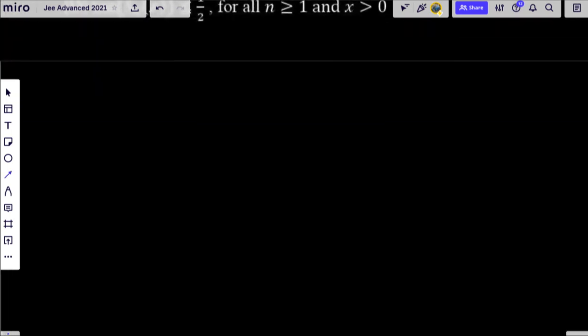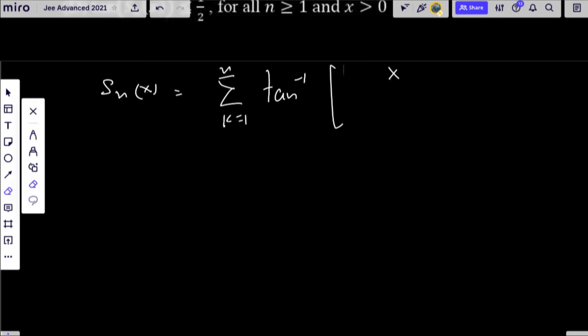So Sn of x is equal to sigma of k equal to 1 to n, as per the problem, and cot inverse we are converting to tan inverse, with x in the numerator over here.